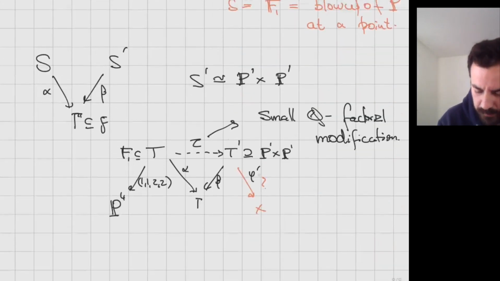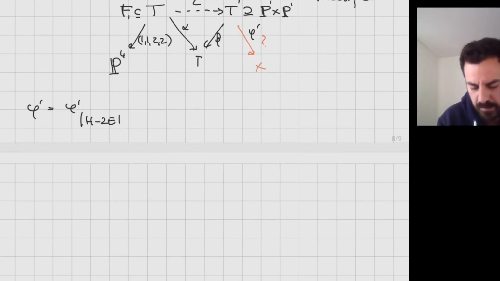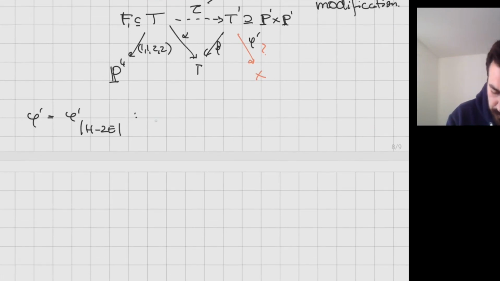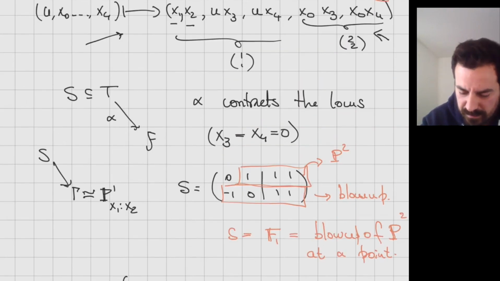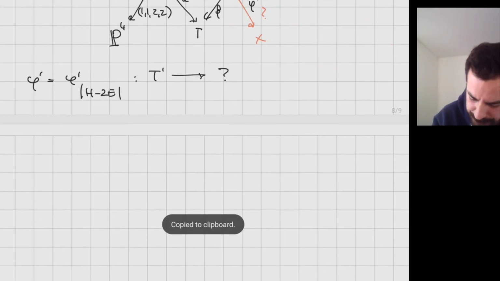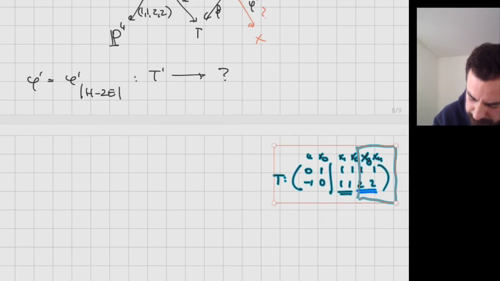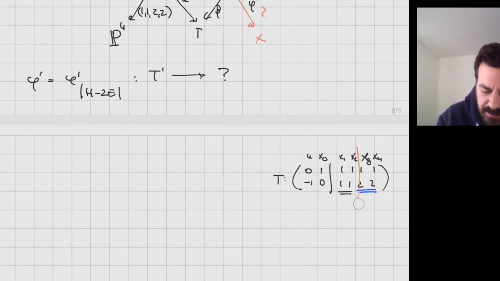So let me call it phi prime. And phi prime, as we said, is given by h minus 2e, from T prime to something. So again, what is this something? Let me put this here again. So h minus 2e is here.